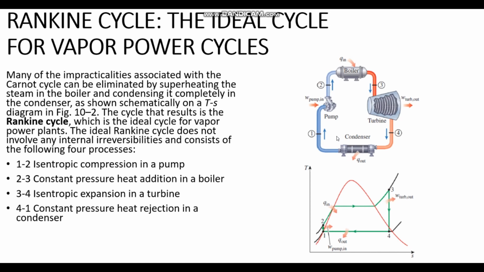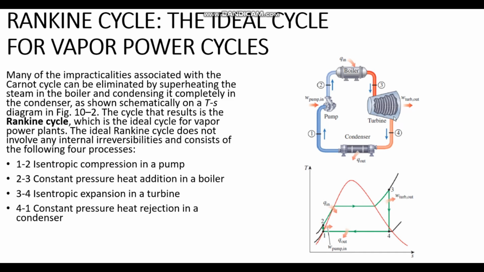As you can see from the picture, the cycle works as follows. The water is pumped in a pump. Then the pumped water goes to the boiler where it heats, vaporizes into the superheated steam. Then after that, the superheated steam moves to the turbine and rotates the turbine, and the turbine is connected to the electric generator, which generates electricity, right?